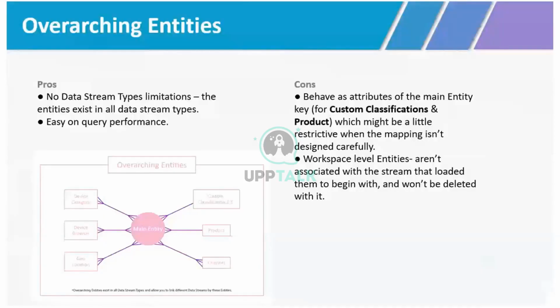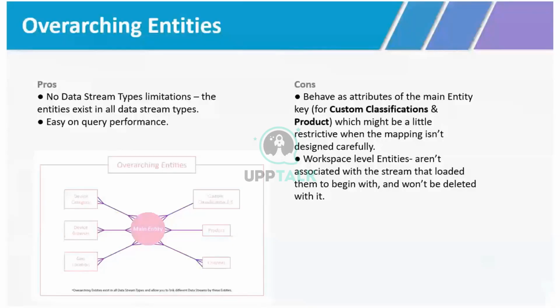Whenever there is a many-to-many relationship with the main entity, we cannot have a single value per attribute, right? And each of the custom classifications has its own attributes, which are classified as custom classification 1 level 1.